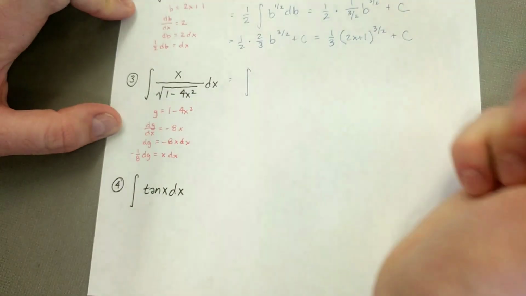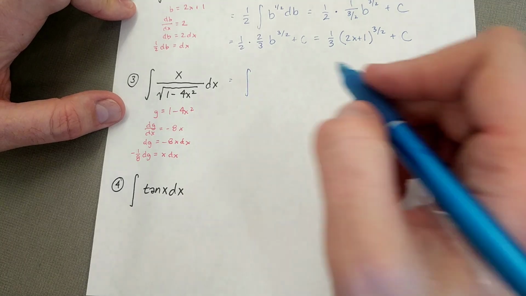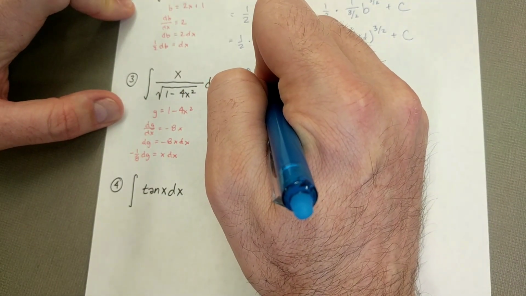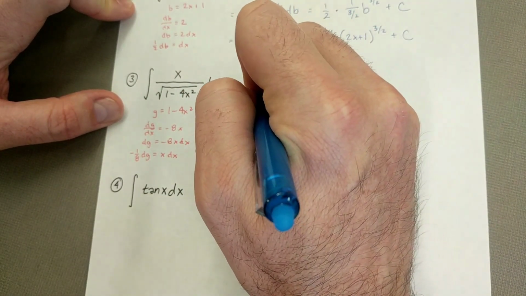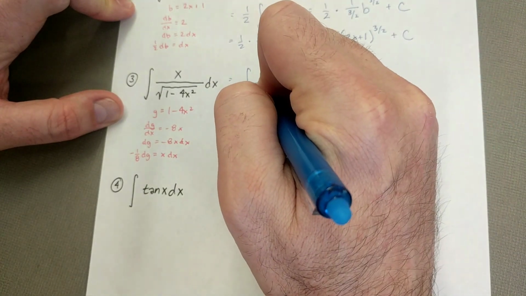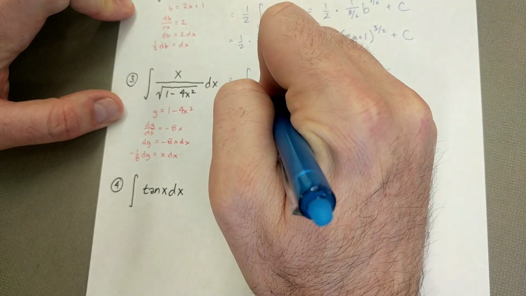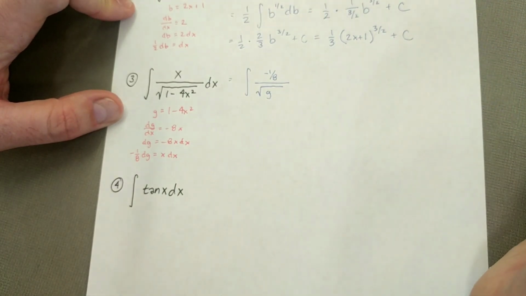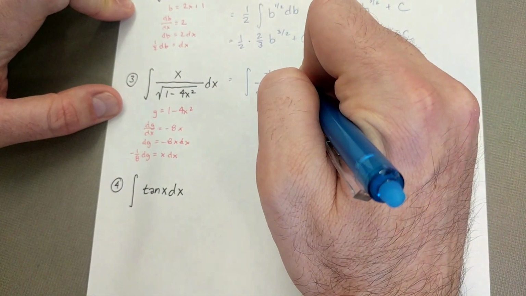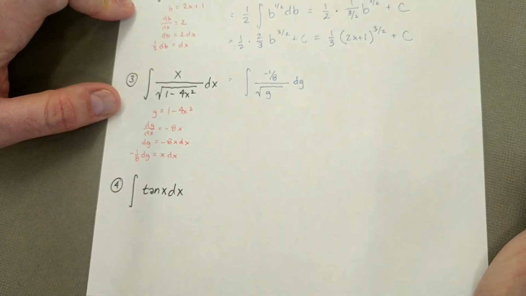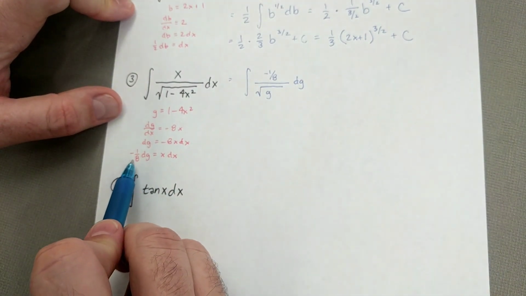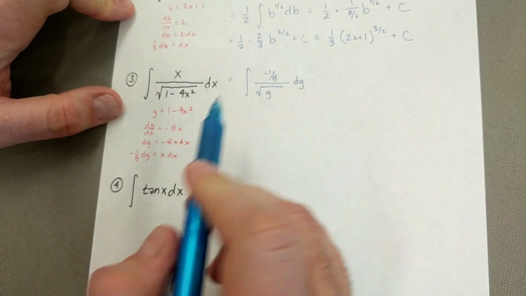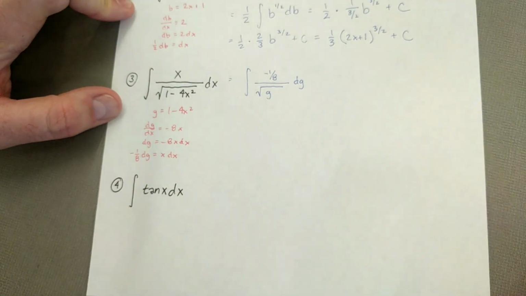So the integral. All right, replace the x dx with negative 1/8 dg. The bottom will just be the square root of g, sorry, just g, square root of g, times dg. So again, you see it's negative 1/8 dg, and then this over the square root of that.